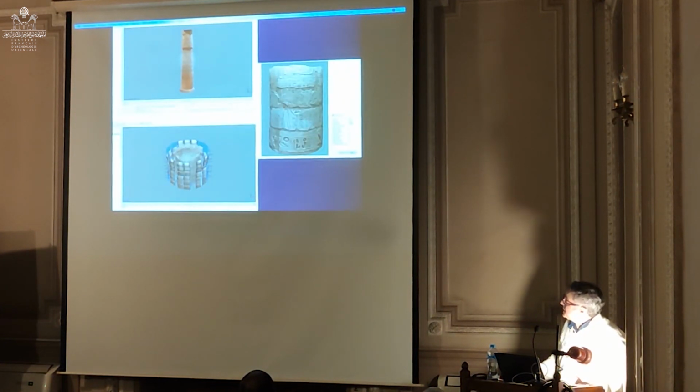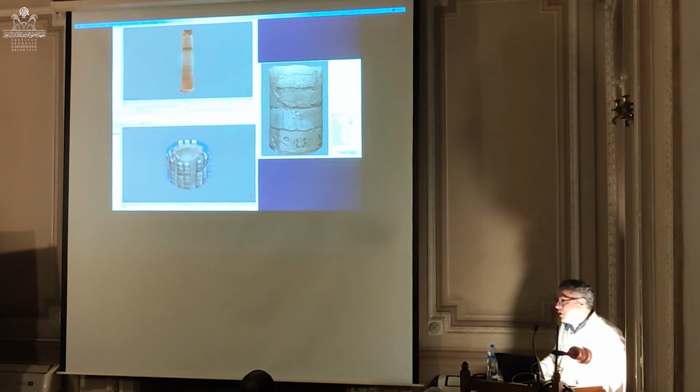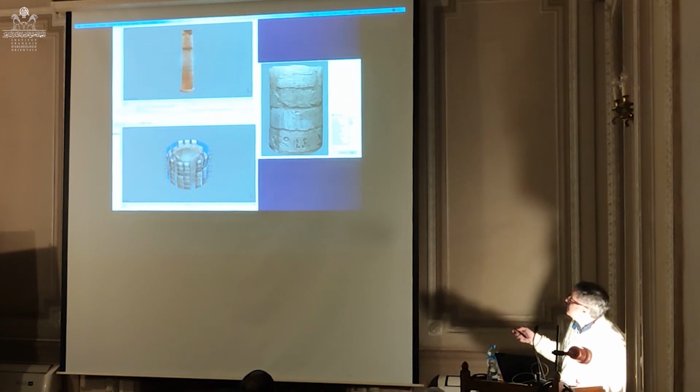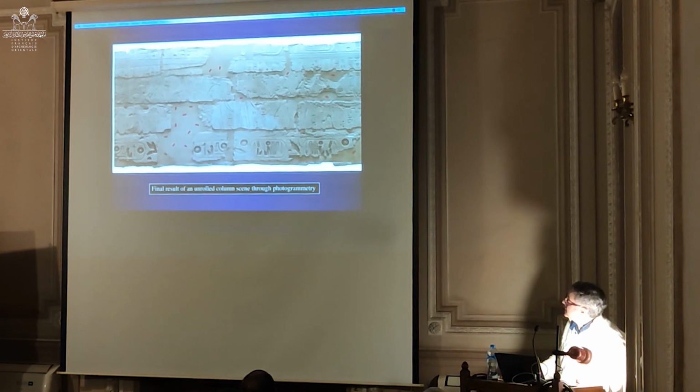Yves Egels and Emmanuel Laroze used Metashape, so 3D photoscan, to do this, and here you have an example of that model with the position of the cameras around the model of the cylinder that is made here, and then with texture later on you can reproduce the column.